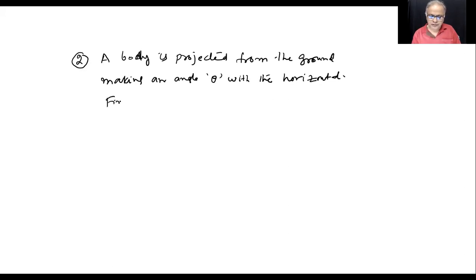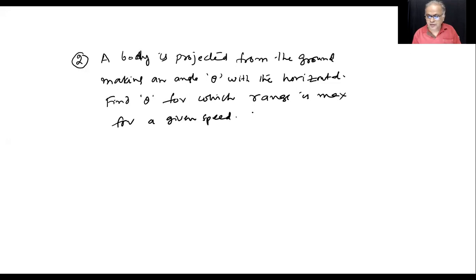Find the value of theta for which the range is maximum for a given speed. Find the value of this range for a speed u.